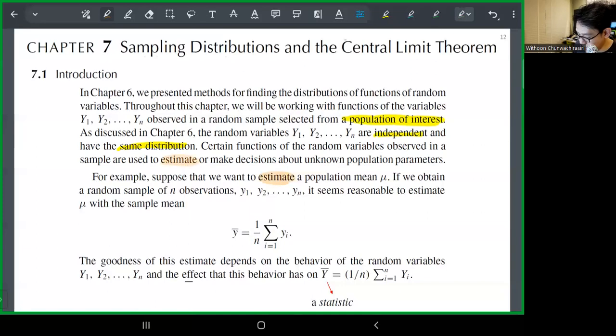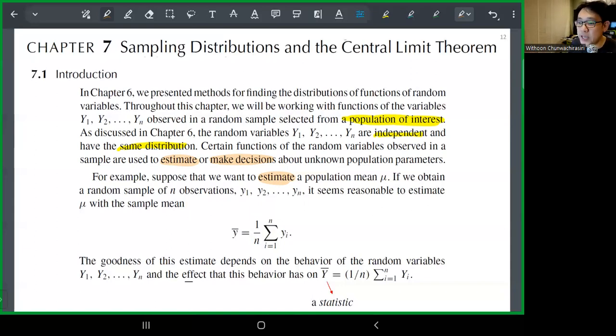That's the whole business here: either make estimates or make decisions based on the information that you gain. Let's look at a quick example, exactly the same as what you have done before. Suppose we want to estimate a population mean. This is a very common estimation.